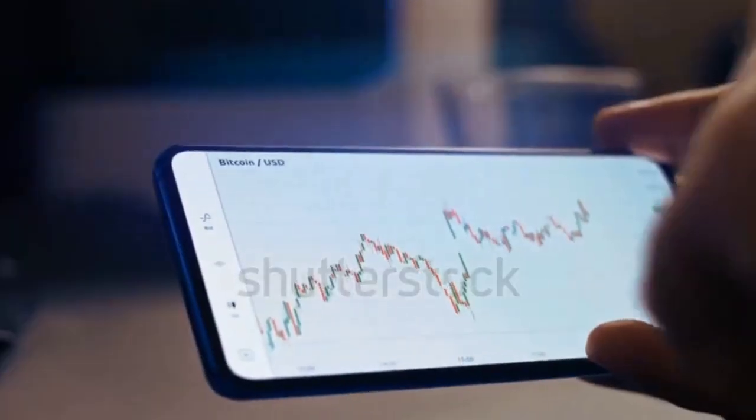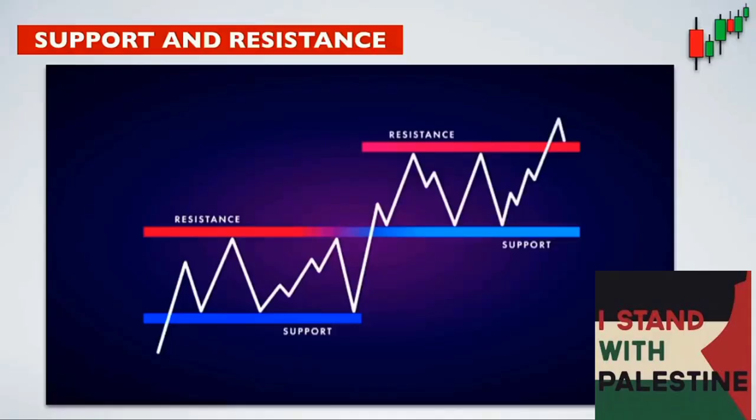Now we're going to look at support and resistance. Support and resistance are the same thing. It's just a key price level where buyers and sellers seem to meet and the price gets rejected from that level, and so we know who's in charge. So you can see resistance here. It's where the price moves up, but it then gets rejected down, right?